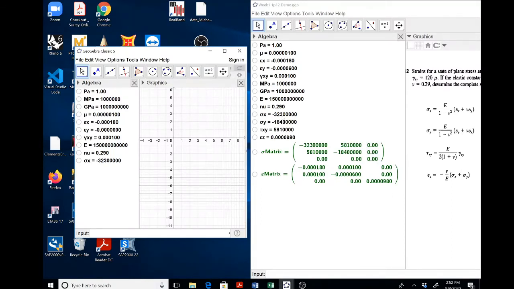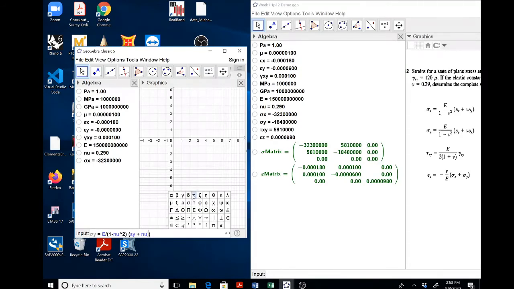Sigma y is right there, another Hooke's law. Sigma y is E over 1 minus nu squared times epsilon y plus nu epsilon x.